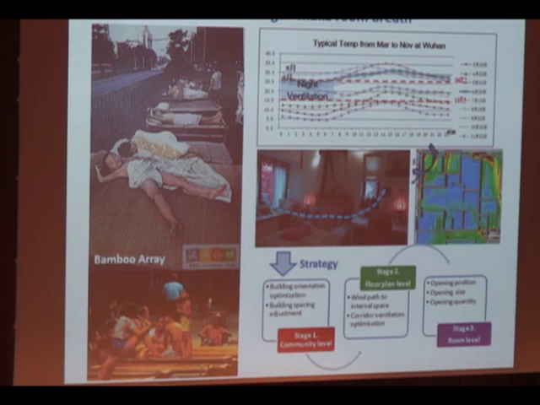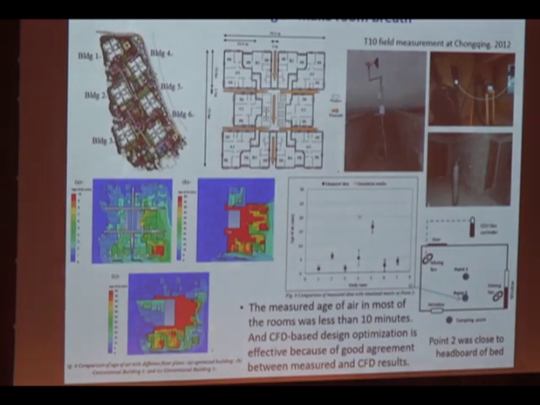And we established a strategy, because we don't only build one building, we build a community. The first level is building orientation and spacing adjustment. Stage 2 is the floor plan level, and stage 3 is the detail design, which is more detailed.